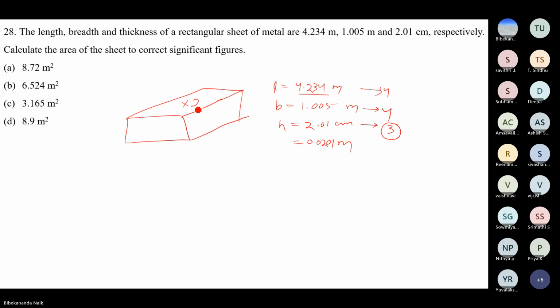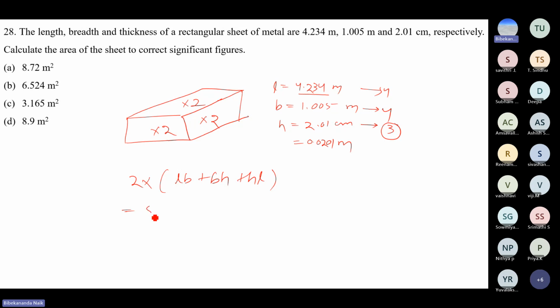This type of 2 surfaces, and this type of 2 surfaces, and this type of 2 surfaces. So the total surface area will be 2 into L into B plus B into H plus H into L. When you put in all the values, we'll be multiplying 4.234 into 1.005, and since there are 4 numbers after the decimal here and 3 here, the actual calculation will give us 7 numbers after the decimal point.